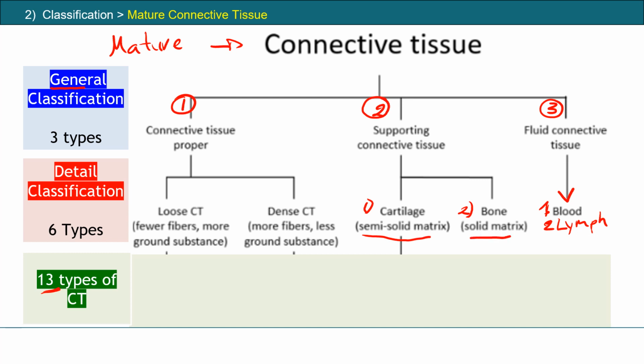So the second one and the third one are very atypical tissues. One is liquid and the other one is solid or semi-solid. So this is why the first one is called connective tissue proper, a way that you can remember it, because it is the one that looks like what we generally think about a tissue.